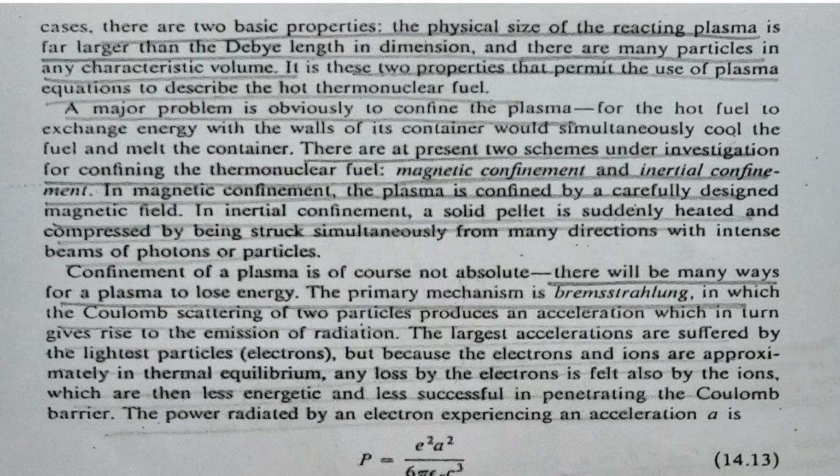Here the lighter particles are electrons, but because the electrons and ions are in thermal equilibrium, any loss experienced by electrons is reflected in the positive ions also, as a result of which they are less energetic and less successful in penetrating the Coulomb barrier. The power radiated by an electron experiencing an acceleration a is given by P equals e^2 a^2 divided by 6 pi epsilon_0 c^3, where c is the velocity of light.